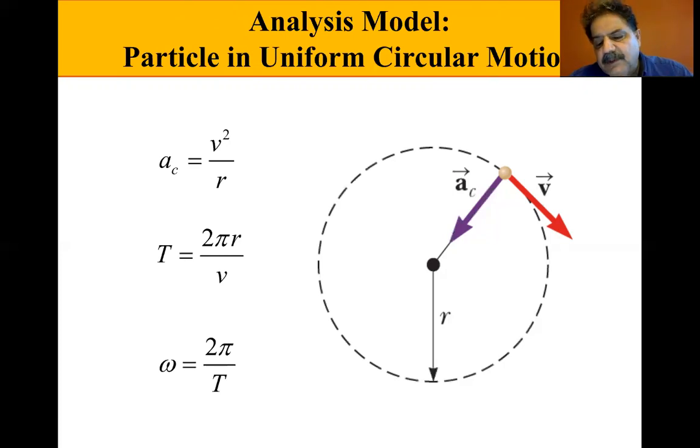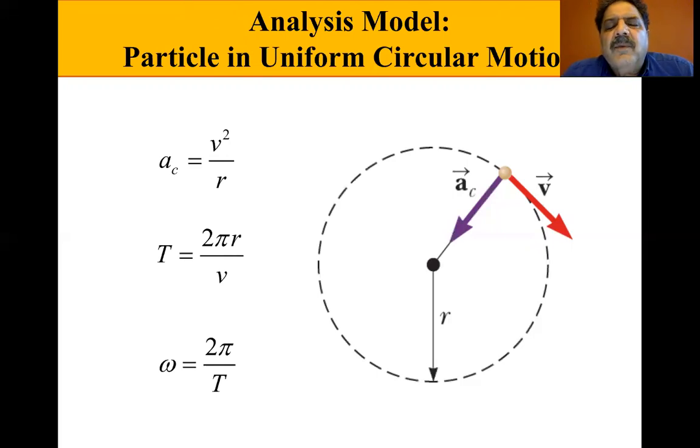So some examples of an object moving in a uniform circular path would be a rock twirled in a circle on a string of constant length. You can think of twirling a rock around your head if it's tied to a string. A planet traveling around a perfectly circular orbit.